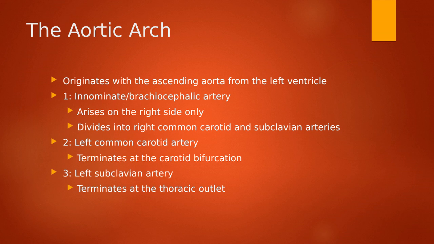Because the pressure is still really high coming out of that left ventricle, it's safer, and it provides a little bit more space and time for that pressure to slow down if there's only one pathway. And then on the left side, it's traveled for a little bit longer. Some of it's gone off into the right innominate. So on the left side, the pressure is slightly lower, so it's a little bit safer for us to have 2 branches coming right off of the aortic arch on that left.